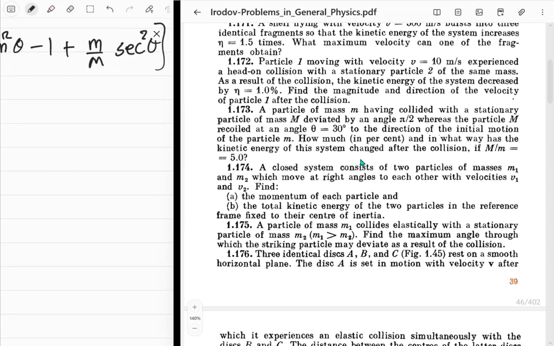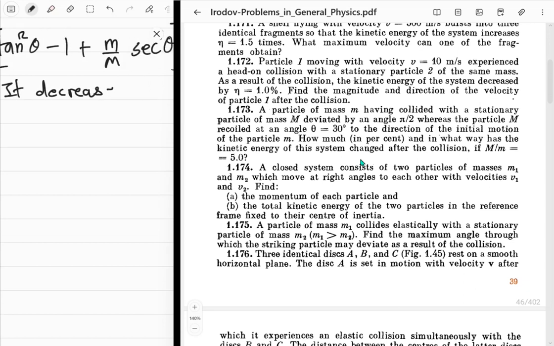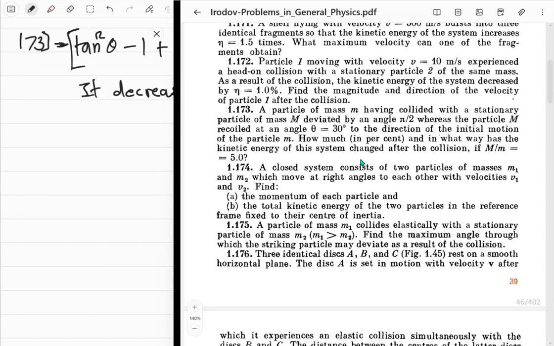So that's what we did, right? We just figured out the change in kinetic energy, and it decreased. Okay, this should do it. 174.